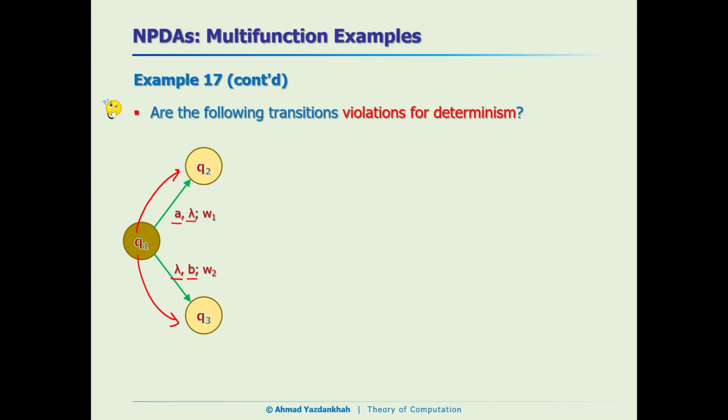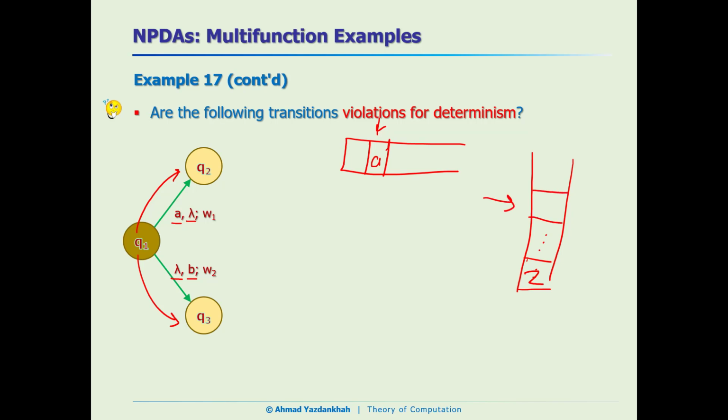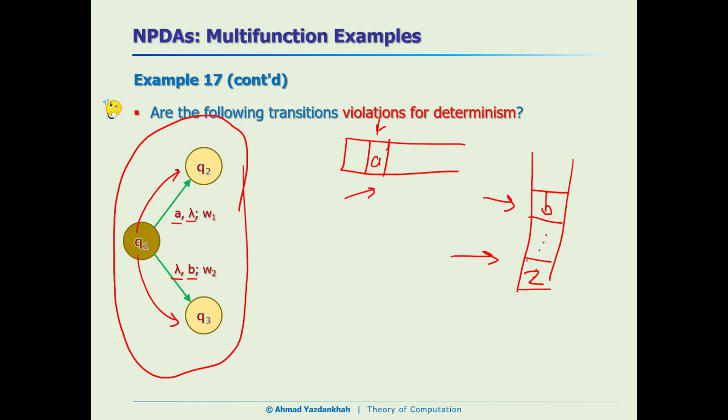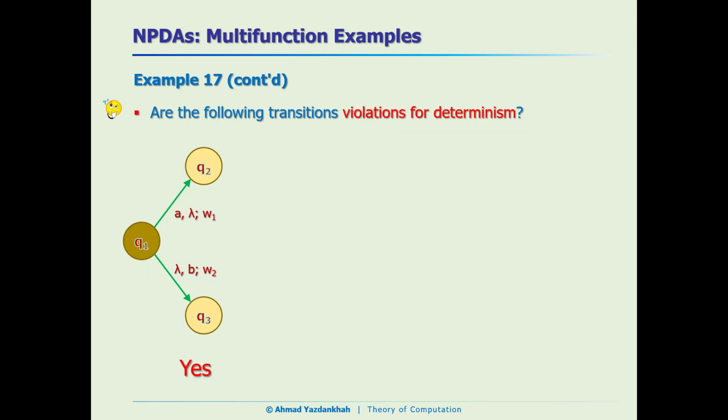So if the input tape really is A, and if the top of the stack, let's say for example, we put Z here, and we are here, if the top of the stack is B, in this situation, definitely this transition will be a violation of the determinism. In exactly this situation, the machine goes to Q2 and at the same time it can go to Q3, right? So definitely this is a violation of determinism.